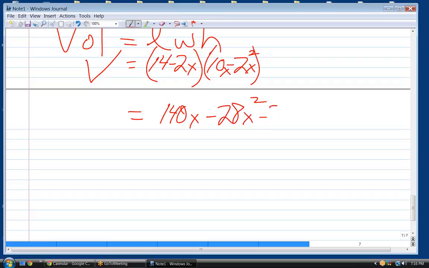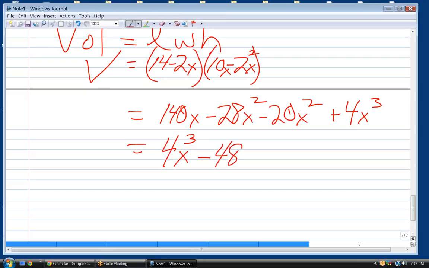Minus 20x squared. Plus 4x cubed, sorry. Okay, now let's rearrange it and combine like terms. So we'll put our highest degree in front. Combine those two, we get 4x cubed minus 48x squared plus 140x. There is our volume function.